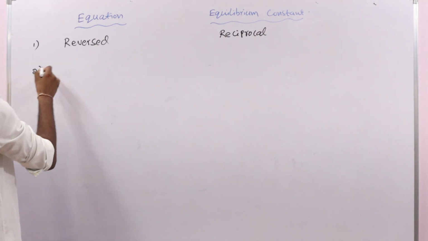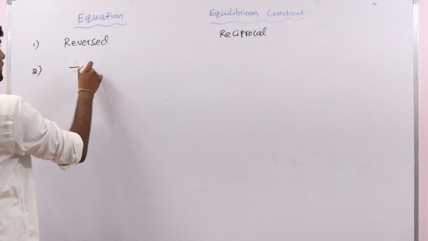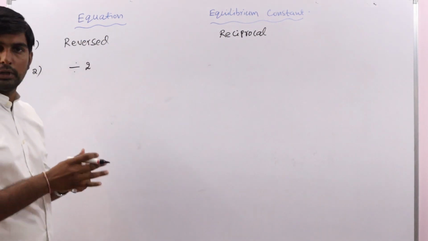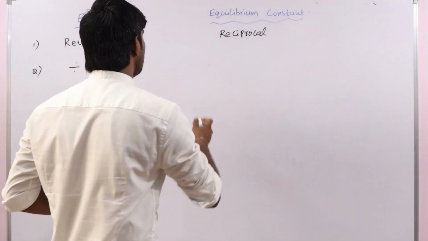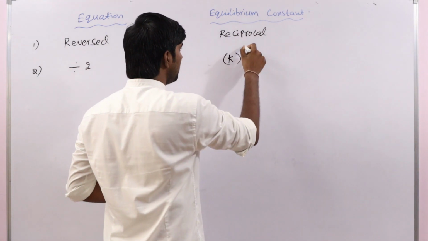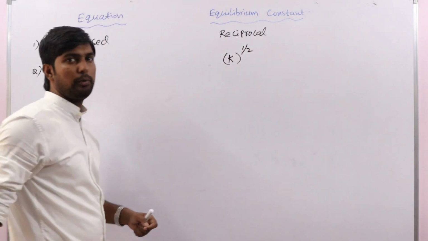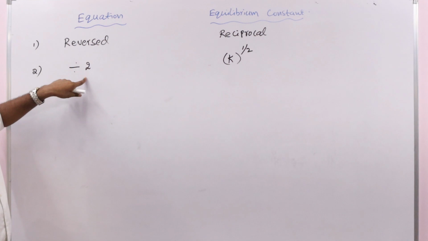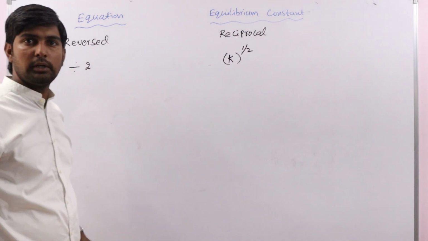Next, suppose the old existing equation is divided by 2, then the new equilibrium constant will be the old equilibrium constant to the power 1 by 2. Very important, simple, we directly get the answer.